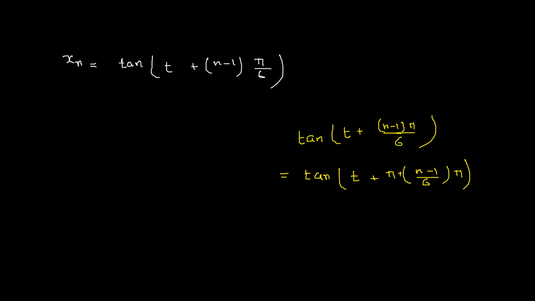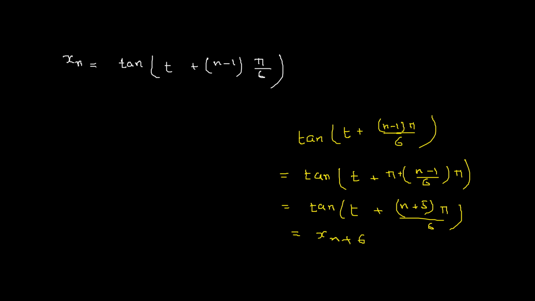right? And what does it give? That gives tangent of t plus, and this is actually n plus 5 times pi over 6. And which term is this? This is actually x of n plus 6.